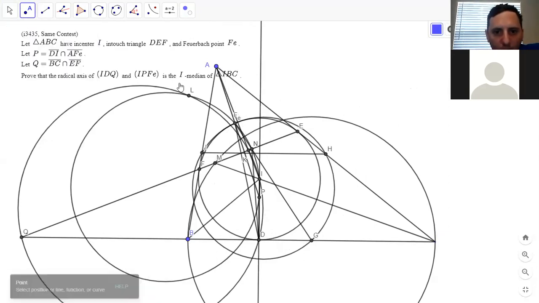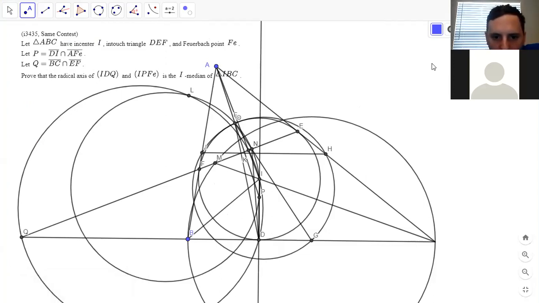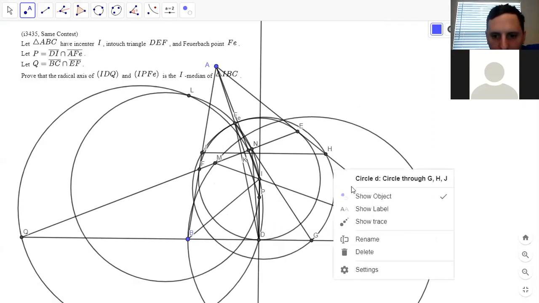If we draw where this meets the circle, the topmost point, let me hide the 9-point circle.